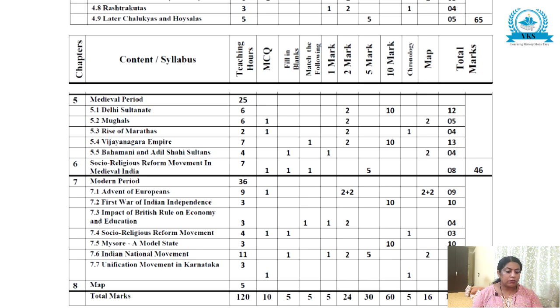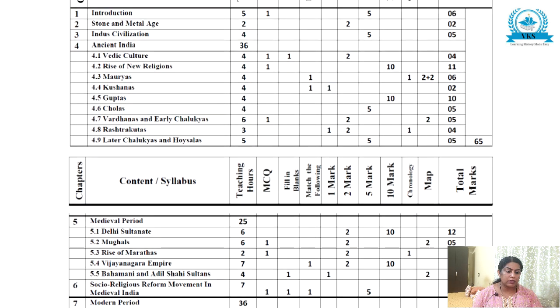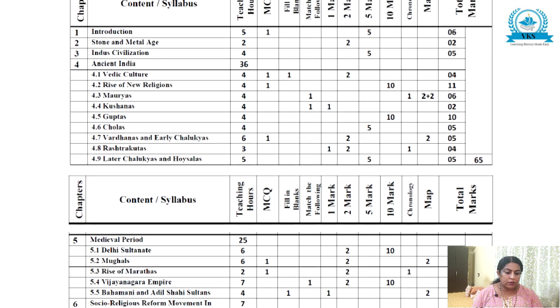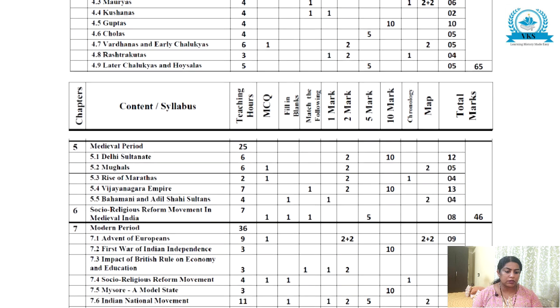Same like that, they have given the chapters for 5-mark questions also. A 5-mark question can come from chapter 1 introduction, then from Indus civilization, town planning can come, then regarding Cholas, a 5-mark question can come. Later Chalukyas and Hoysalas is another chapter from which a 5-mark question can come.